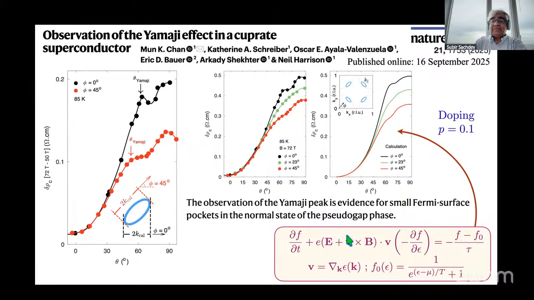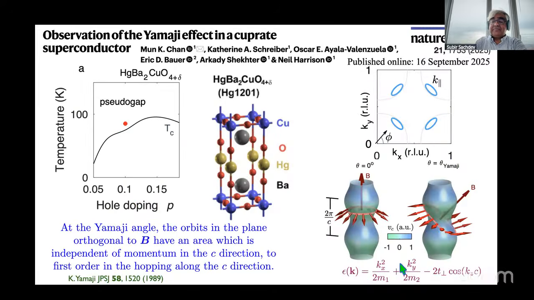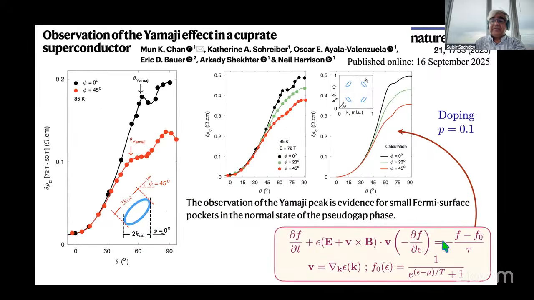And this is the calculation from a simple Boltzmann equation, where really the only input is this dispersion E of k, which I showed you over here. And that simple equation gives you really perfect agreement with what you see at different angles, all sets of different angles. So this, in fact, is evidence for a hole pocket.